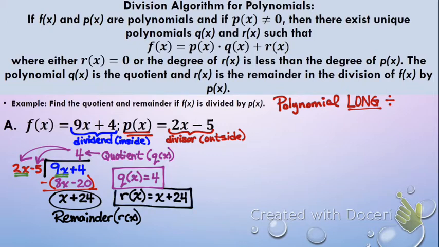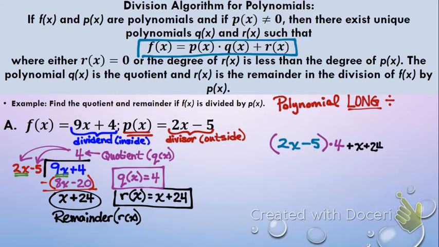Can anybody think of how I could check this using the division algorithm to make sure that I did this division correctly? Yes. If I take p of x and multiply it by q of x, so p of x was 2x minus 5, I multiply that by q of x, and then we add our remainder.